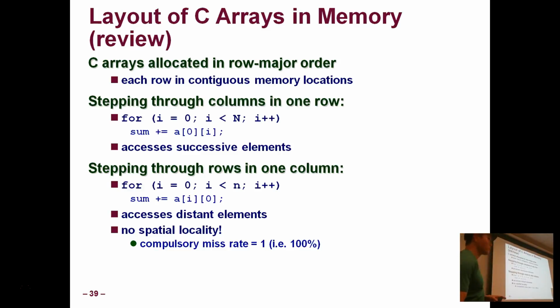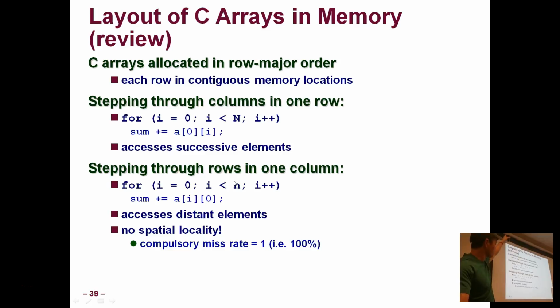In order to go through this example, I need to refresh your memory about how matrices are stored in memory. They're stored in row major order, so the elements along a row are stored contiguously. When you step through columns of that row, you get successive elements, and this is good for spatial locality.